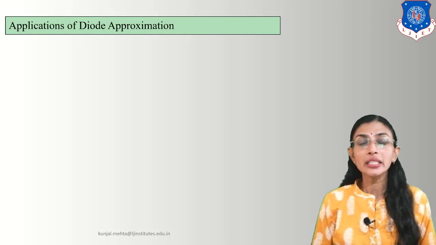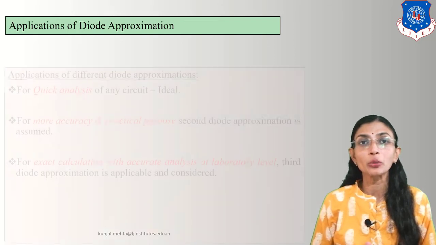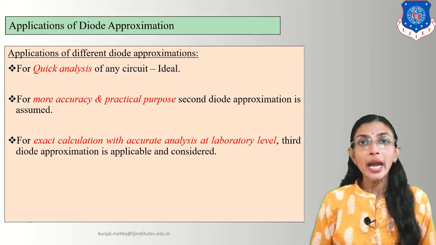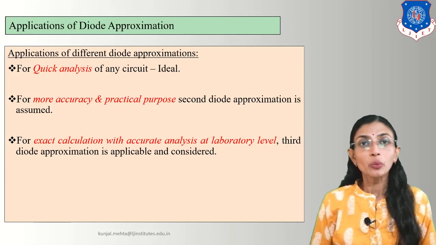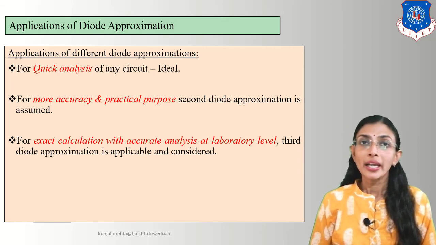For quick analysis, the circuit diode is assumed to be an ideal diode. That means the first approximation is used for quick analysis.